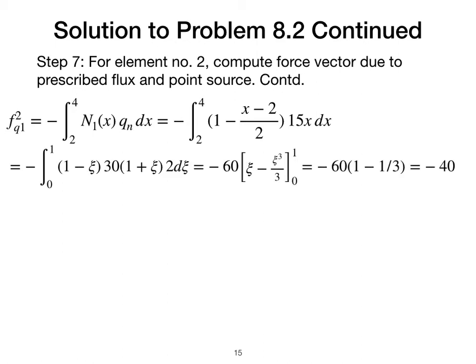Now transforming this integration into xi, what we get is F2q1 equal to minus integral of (1 minus xi) times 30 times (1 plus xi) times 2 d xi with limits from 0 to 1, and the corresponding value of F2q1 we get is minus 40.